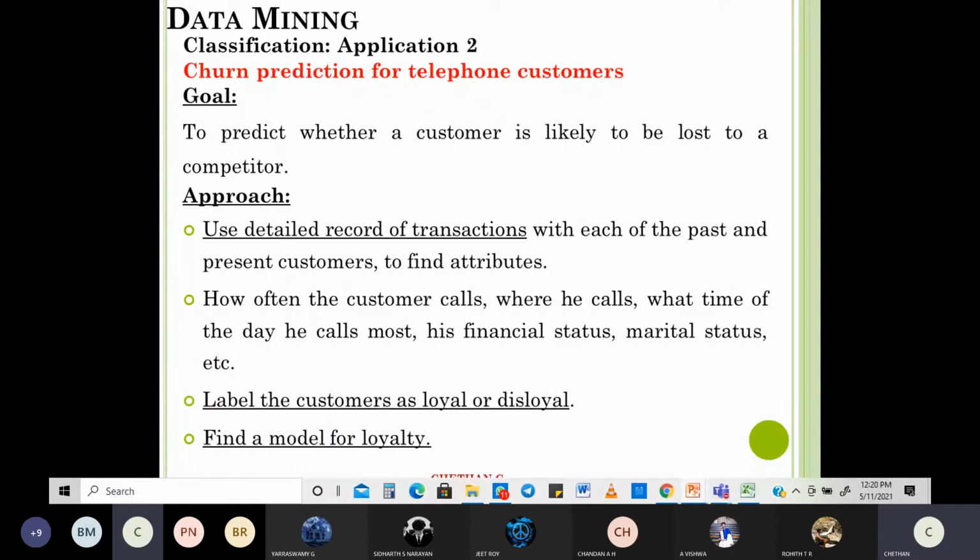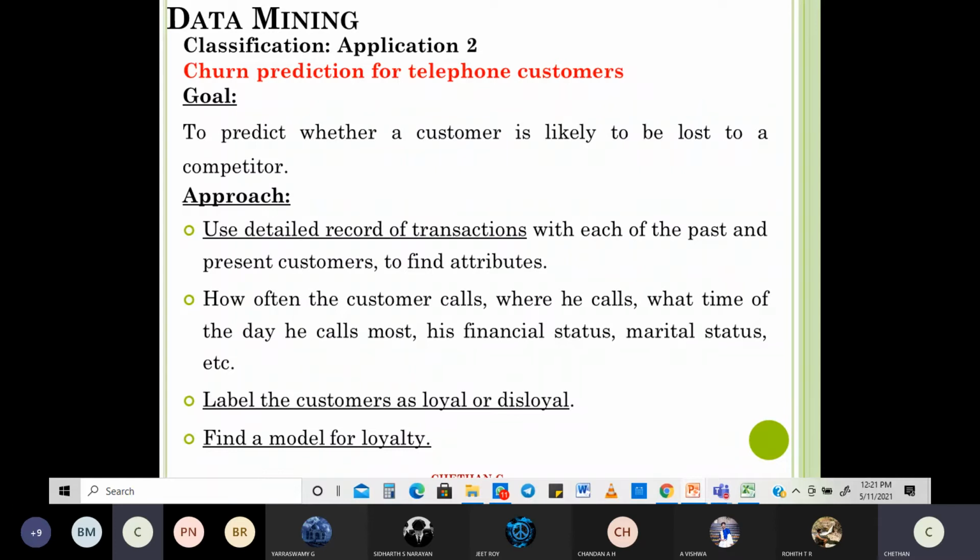They use the detailed record of transactions with each of the past and present customers to find the attributes. What are those attributes? How often the customer calls, where he calls, what time he calls, his financial status, his marital status, everything. Everything can be found out based on your call transactions.